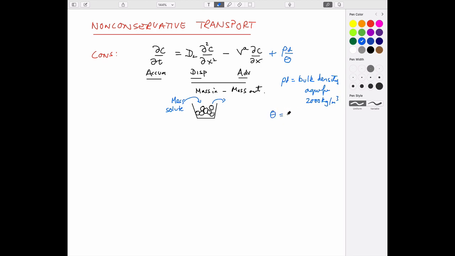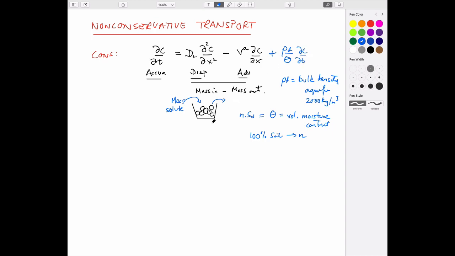Theta is the volumetric moisture content, so it's actually equal to the porosity times the saturation of water. So if it's 100% saturated, it's equal to the porosity, which we've called N, multiplied by the change in concentration with time.